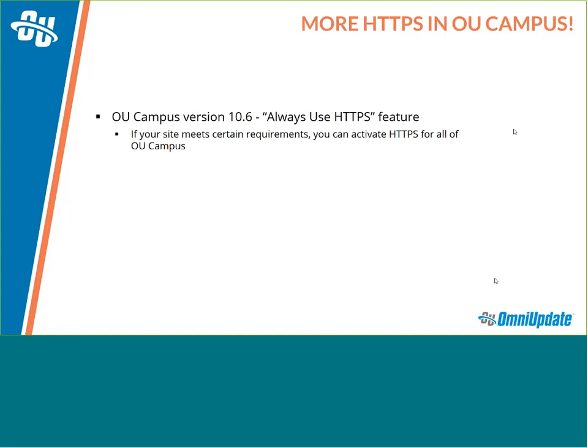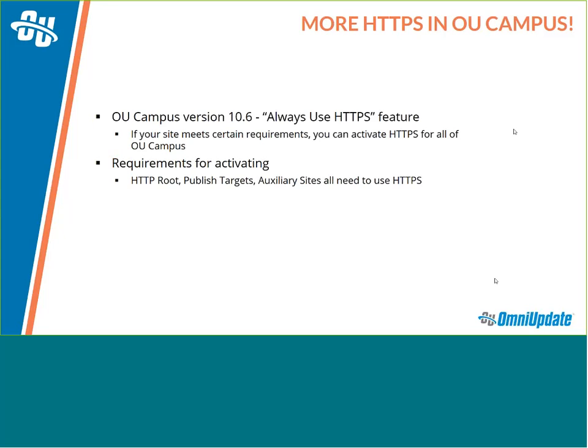But if you activate this Always Use HTTPS feature, then as long as everything else is good to go, OU Campus will make sure that everything that needs to be HTTPS is HTTPS, and once you activate this button, it will apply to all of the pages within OU Campus. So every screen that you're viewing within the CMS will be served over HTTPS.